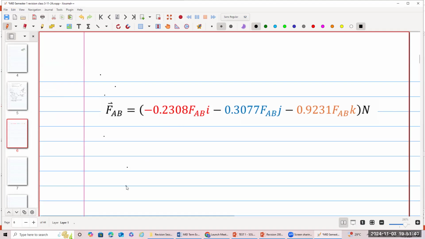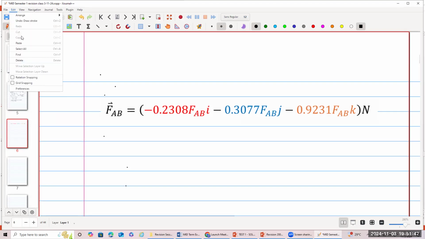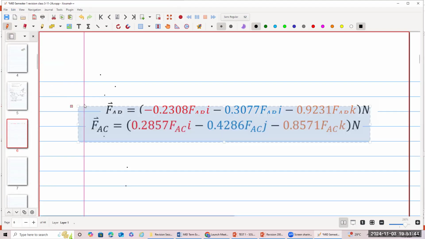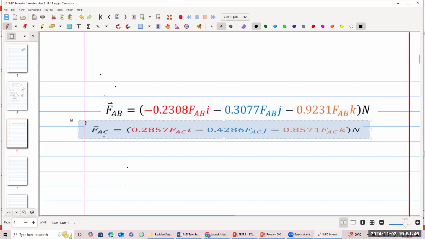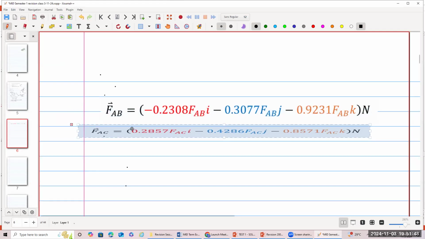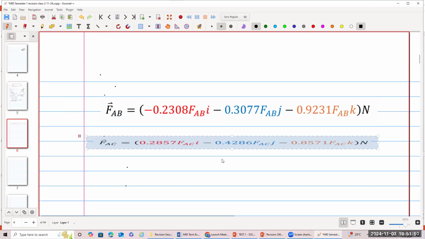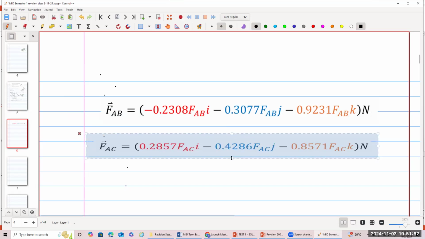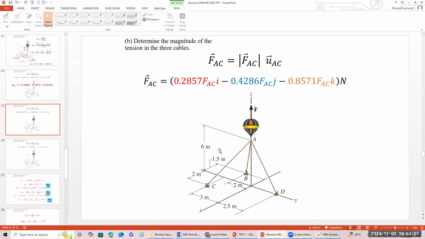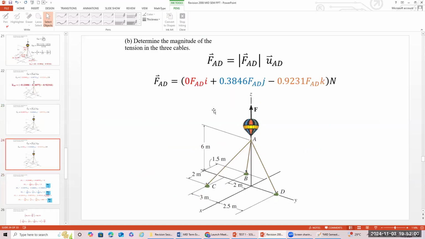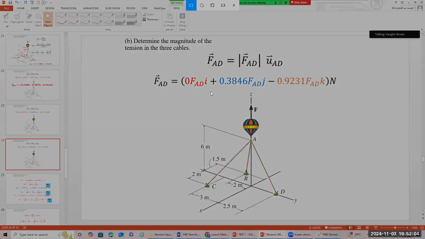Let's see if I can place it somewhere else. Okay, so we have that one. So that's the second one. We need the next one. We need AD. So AD is right here.